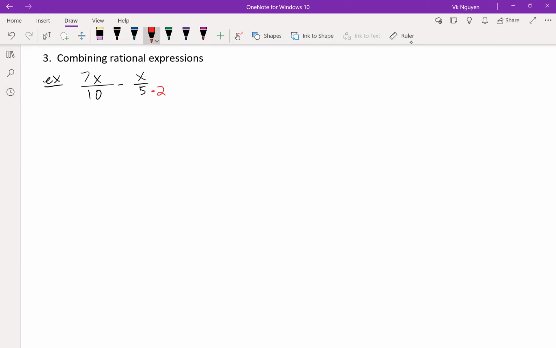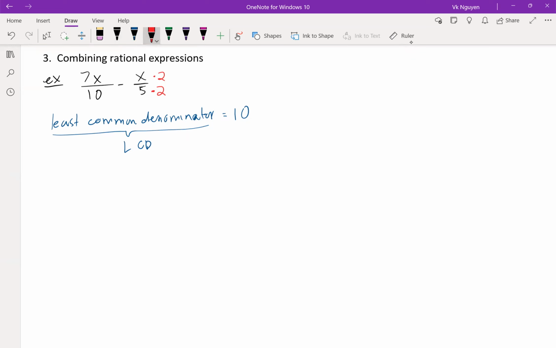So multiply 2 to the bottom, and 2 to the top. 10 is called the smallest common denominator or the least common denominator. It's 10. Least common denominator, call it the LCD.